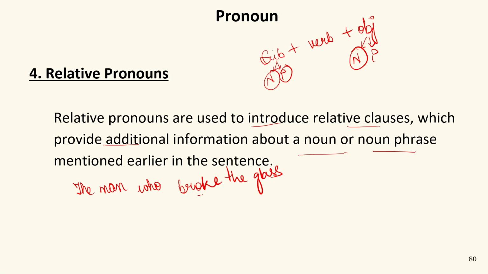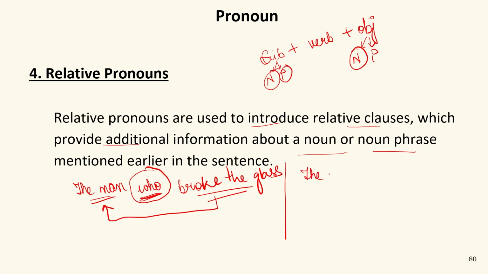So, this is some additional information about this man or the activity he's performing. And the word who is relating this clause with that part of the sentence, with the subject of the sentence. So this who is working as a relation, relating this to this additional information. So this who is a relative pronoun.